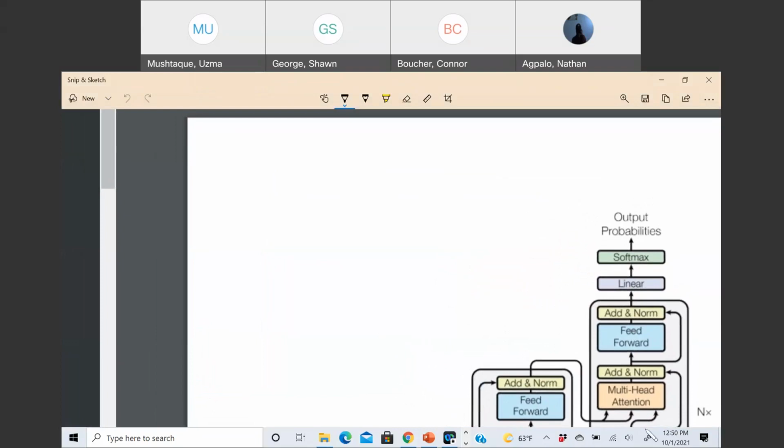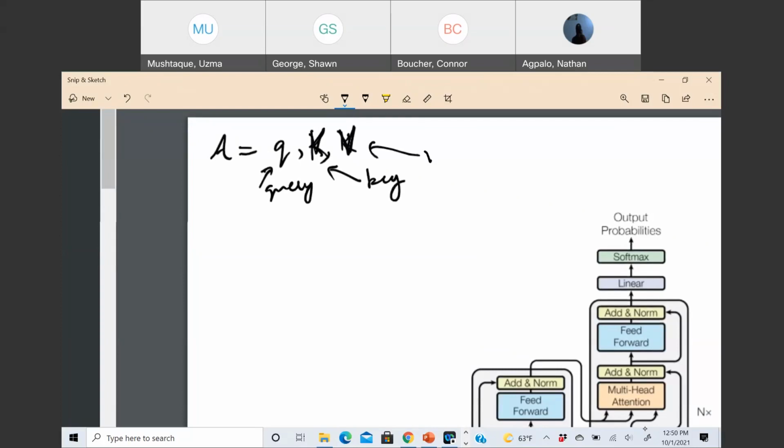Instead of just those alphas, in this paper the attention is defined as an uppercase A, which is a function of three things: Q, V, and K. As far as I remember, this is the order. Q is a query, K is a key in a sentence, and V is a value in a sentence.